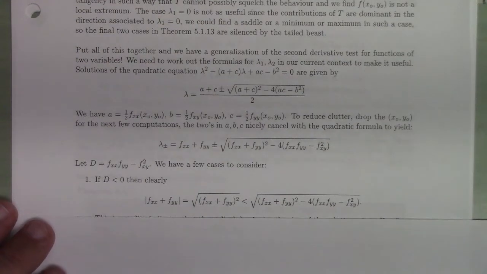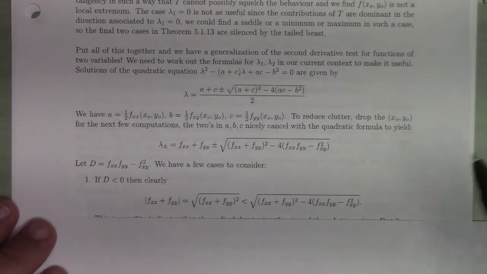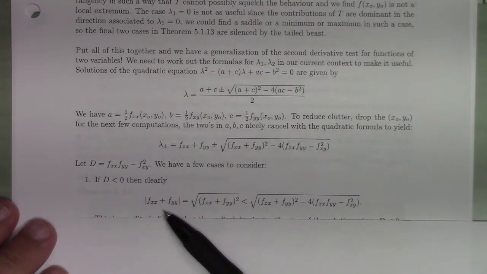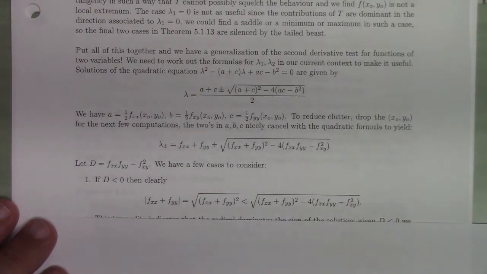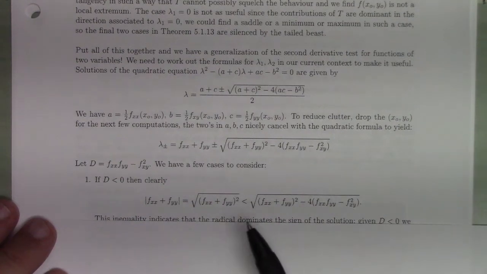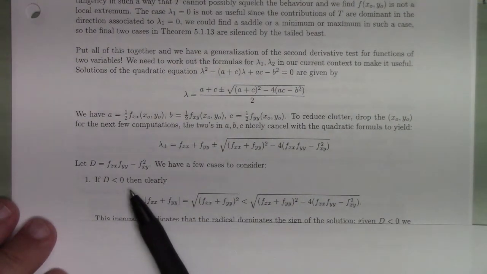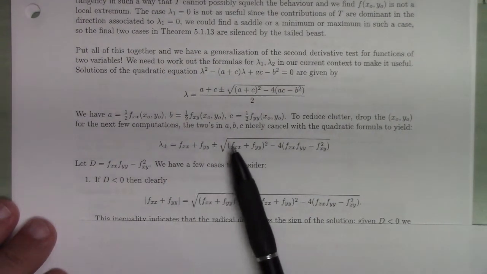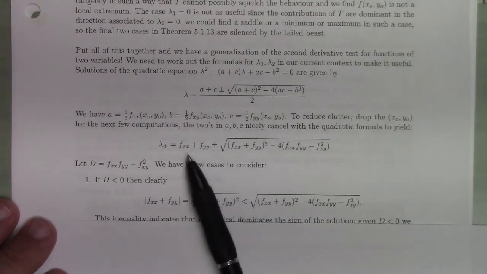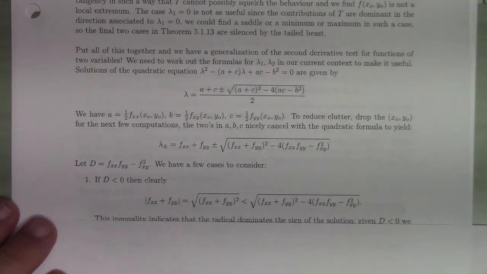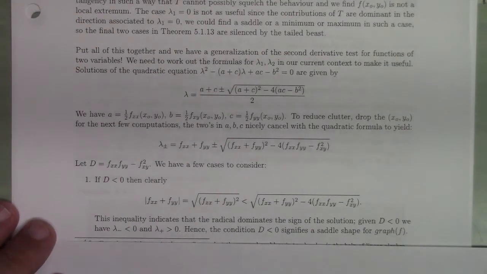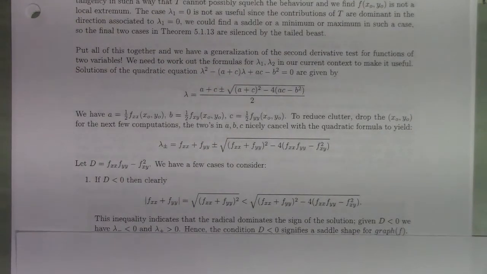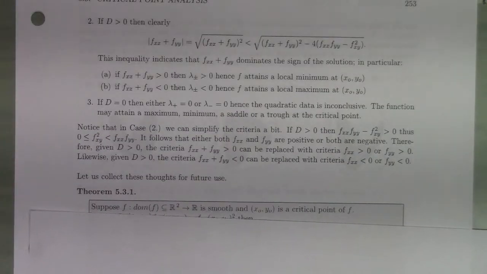First of all, if D is less than 0, then the absolute value of that is less than this. Which is to say that if D is less than 0, then the lambda plus and the lambda minus are going to have different signs. Lambda minus is negative, lambda plus is positive, and that means that the condition D less than 0 indicates a saddle shape for the graph.